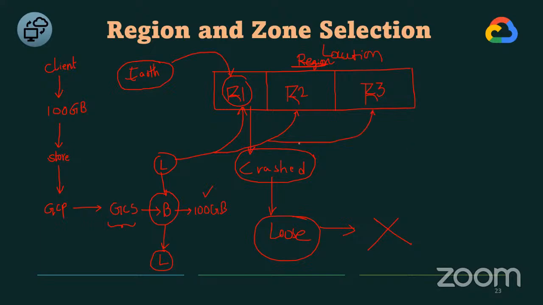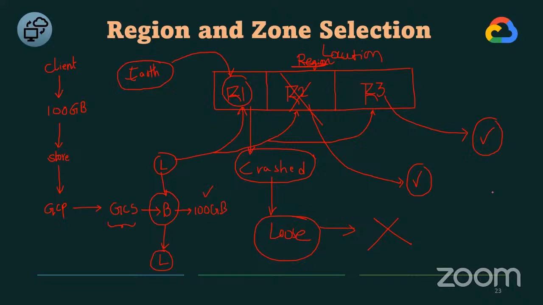While you are deploying, try to deploy in multiple regions, so that even though this region is crashed, you can have your data from this particular region. Even though this is also crashed, you can have your data coming from this other region.